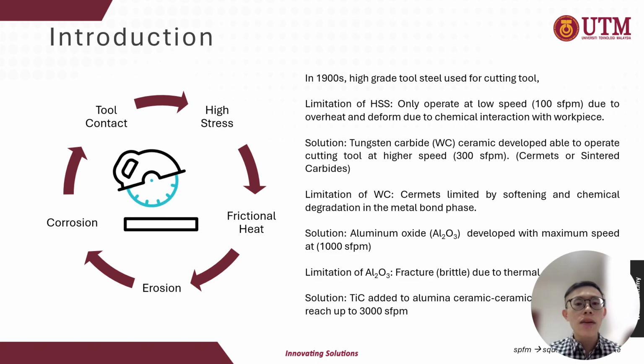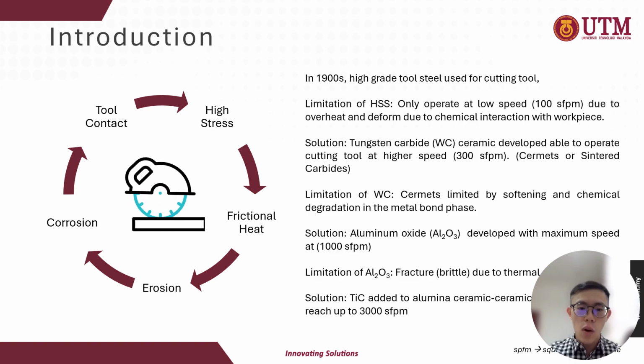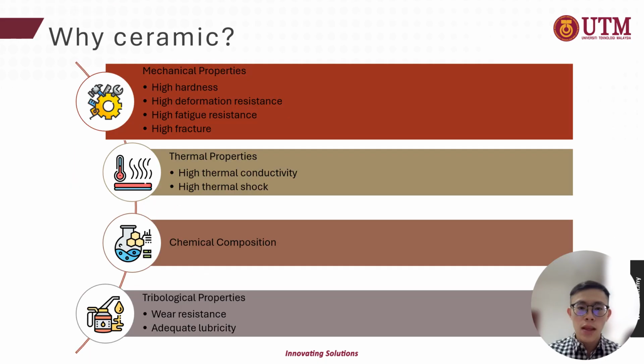If we look over here at the cycle, we start with the tool in contact with the substrate material. Then at higher stress, frictional heat is generated, which will lead to corrosion or erosion. So we look at why ceramic is chosen, because of these four properties.